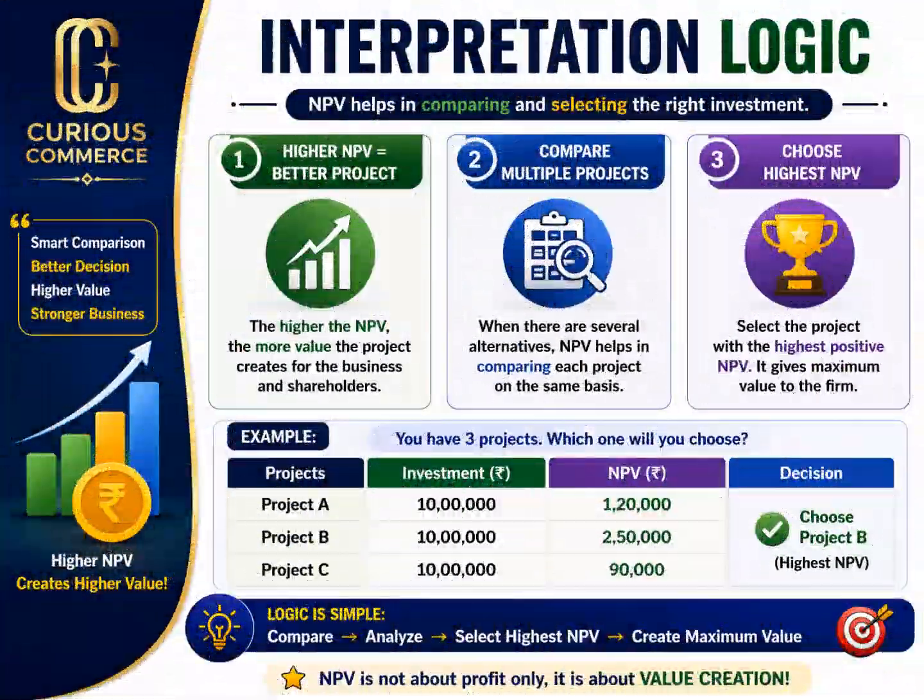The logic behind the interpretations. If two projects, Project A and Project B, have an NPV of 5 lakh rupees and 8 lakh rupees respectively, which project should the company prefer?